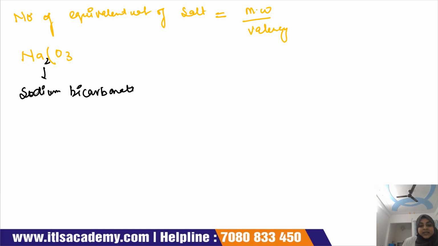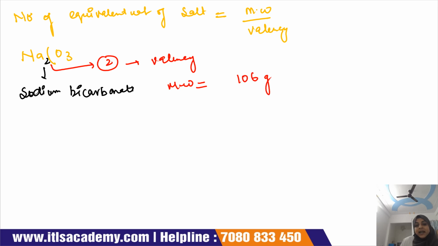In that case, the valency of sodium carbonate is 2 and the molecular weight is 106 gram per mole. Now put this value into the formula.